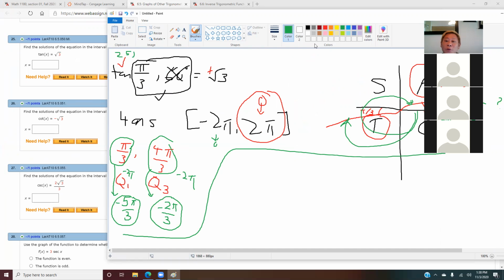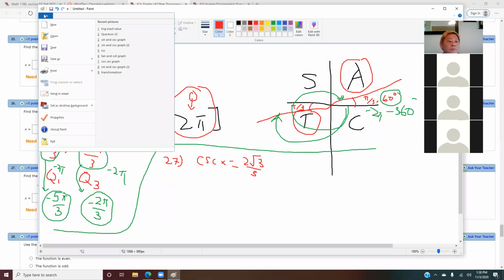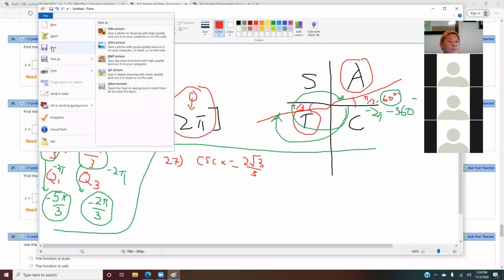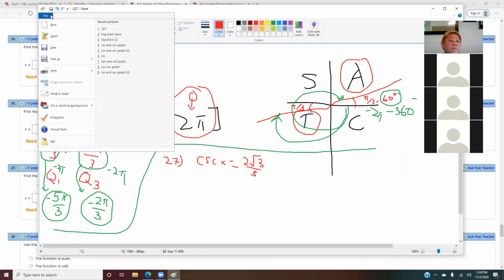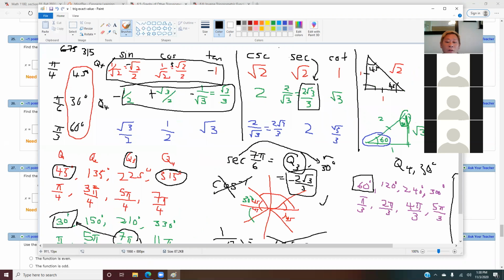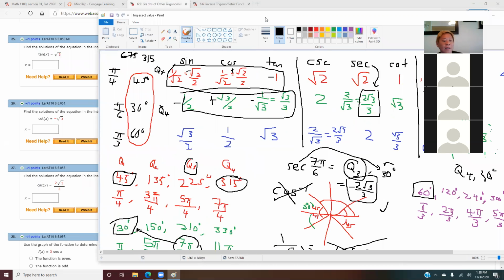Now you guys do question 27. Cosecant x equals 2 root 3 over 3. So look here and see which of these gives us cosecant.